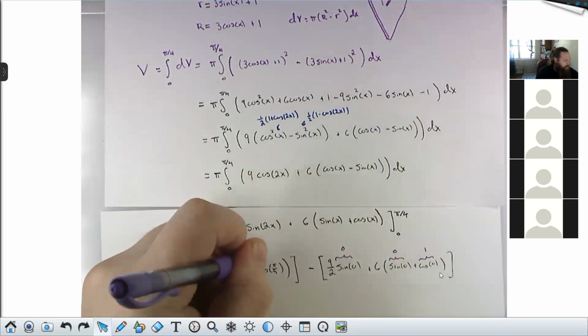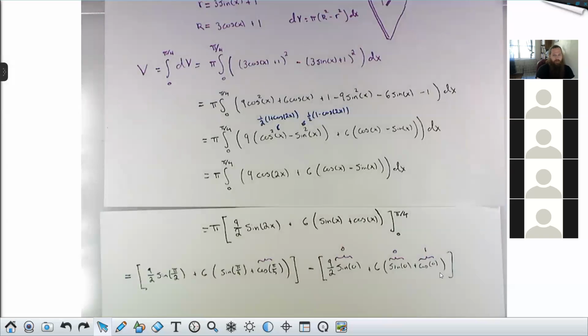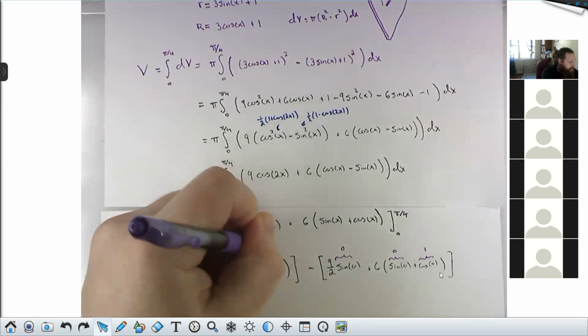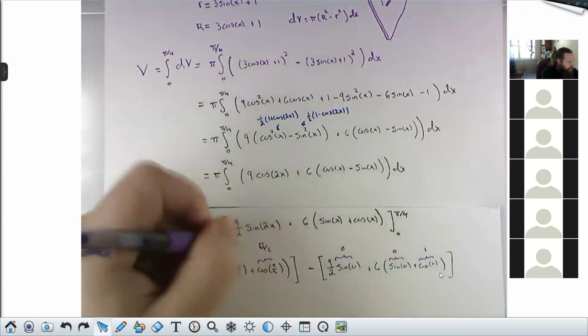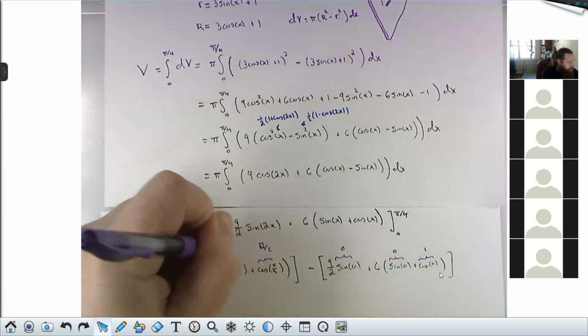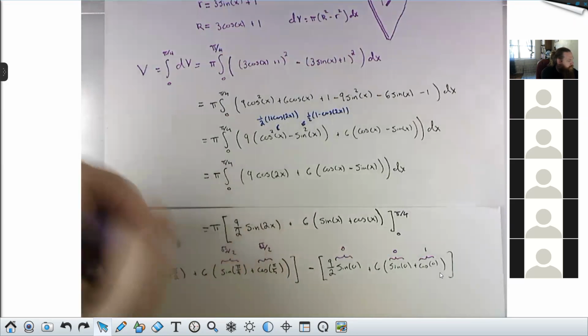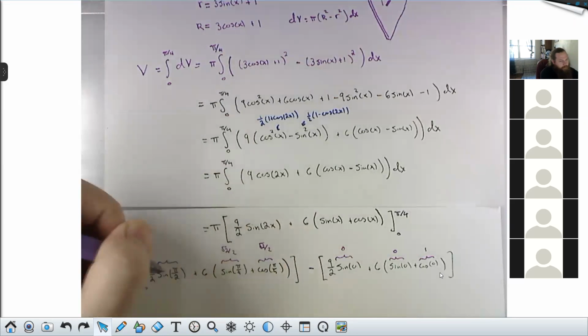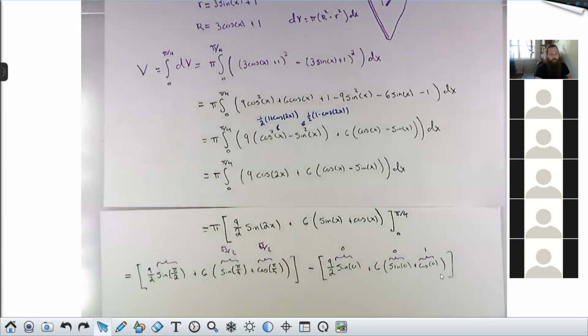What is the cosine of pi over 4? Radical 2 over 2. Very good. Root 2 over 2 or 1 over root 2. And that's the same as the sine of pi over 4. What's the sine of pi over 2? 1. Very good.